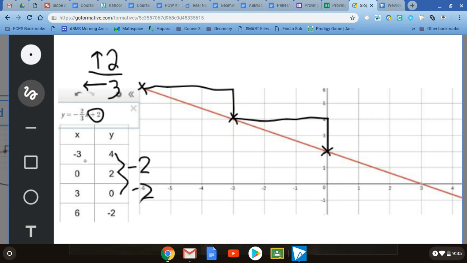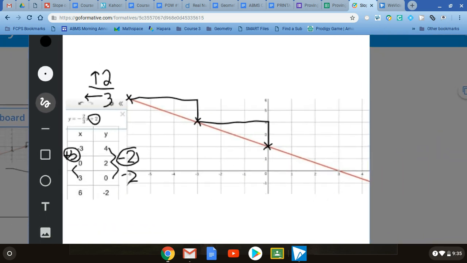And on the left side, the x's, I'm going up by 3. So my fraction is coming from the y value, the change in the y, so this over this. So negative 2 over 3 is the slope or rate of change in front of the x.